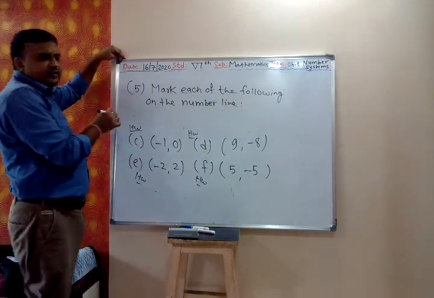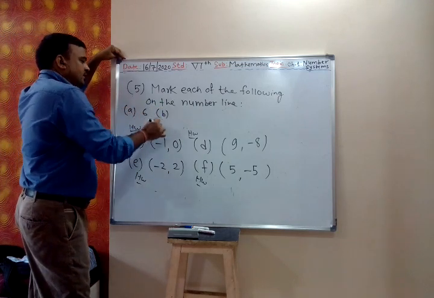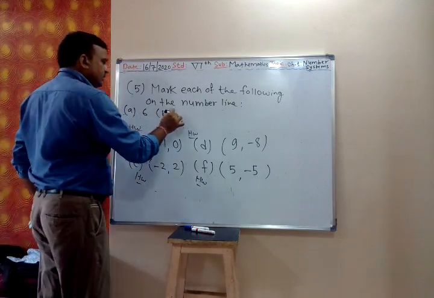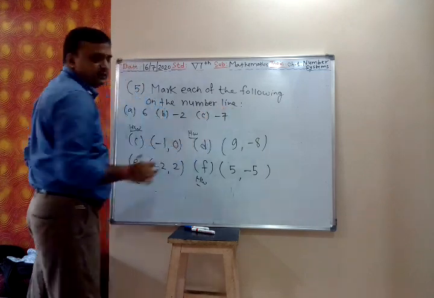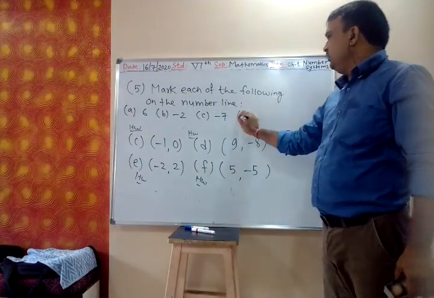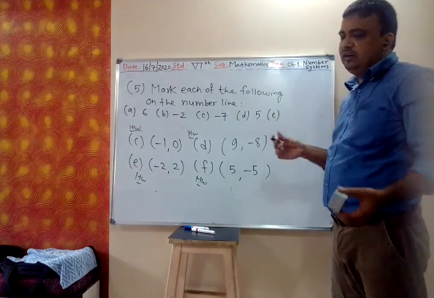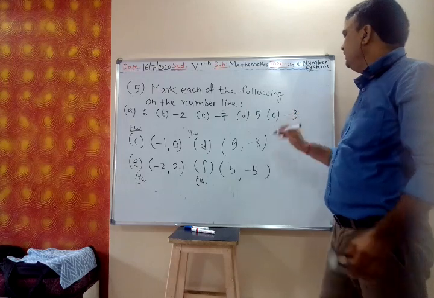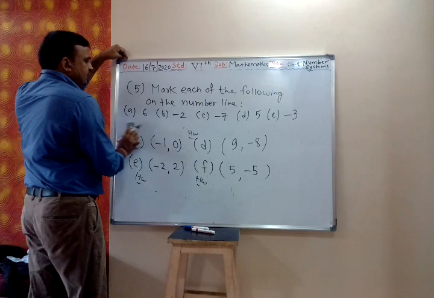A is 6, B is -2, C is -7, D is +5, because we have already seen how to plot. I am going to give all as homework.